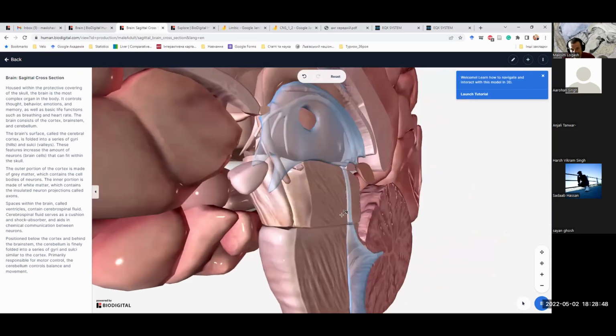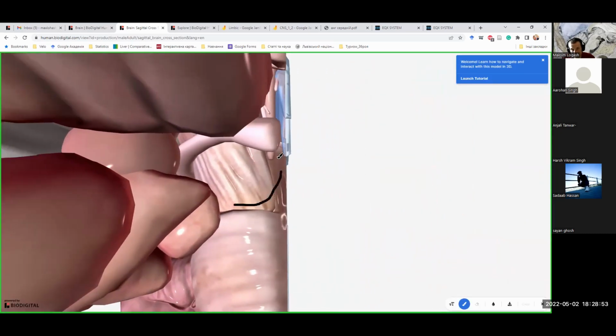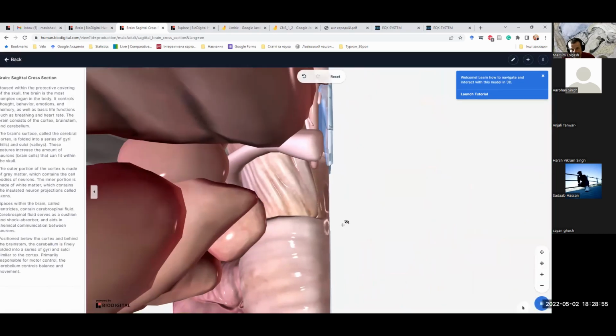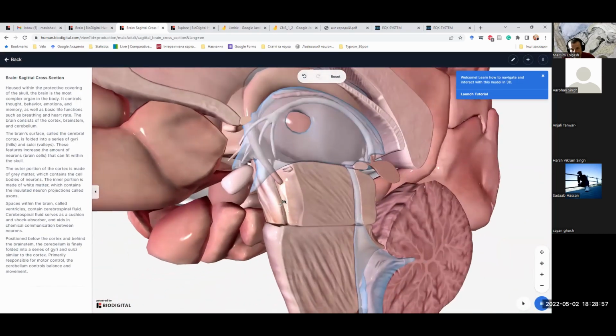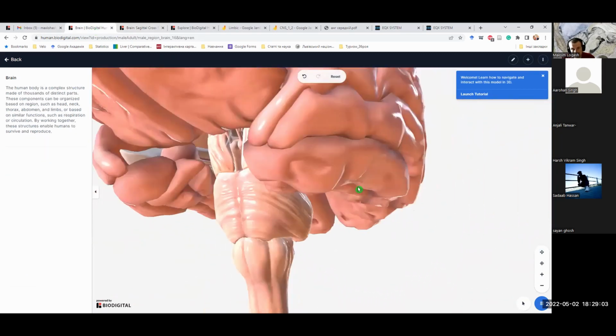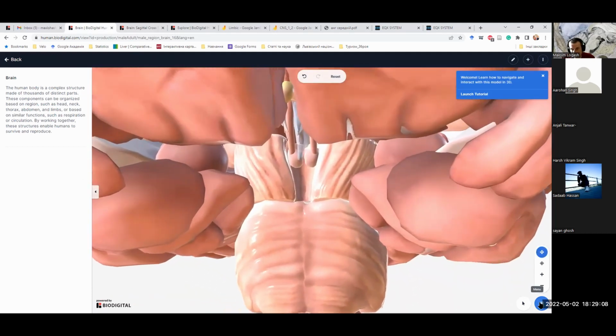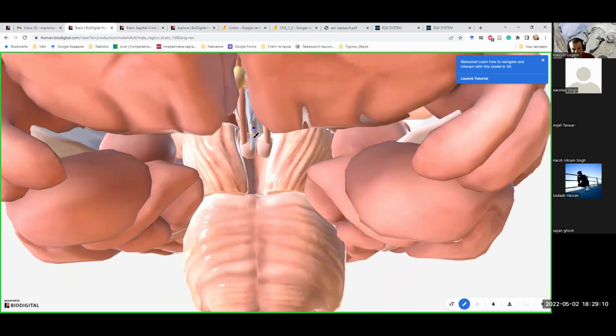Sagittal view, you can see here. Here it's like an inner view of the peduncle cerebri. Look at that. If the sagittal section was there, this will be a view on the peduncle cerebri. That's all. This is the first mistake.